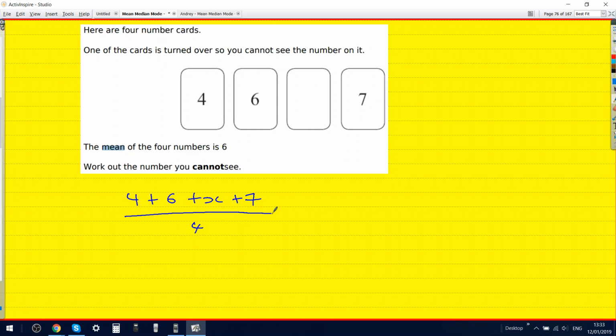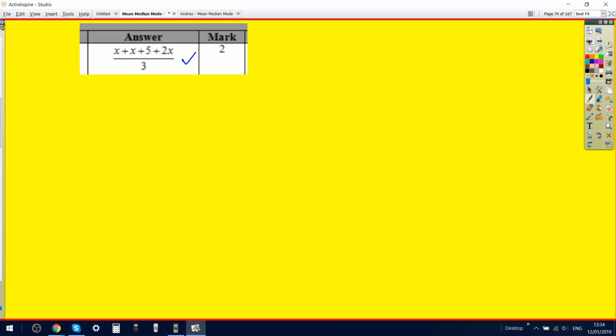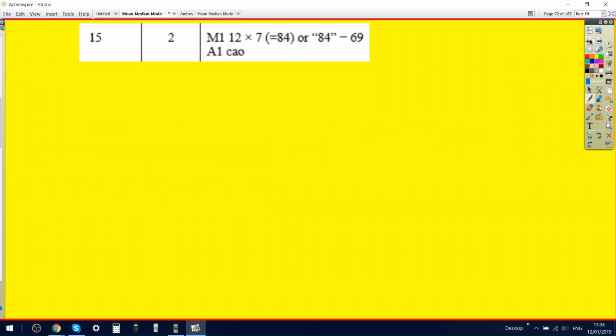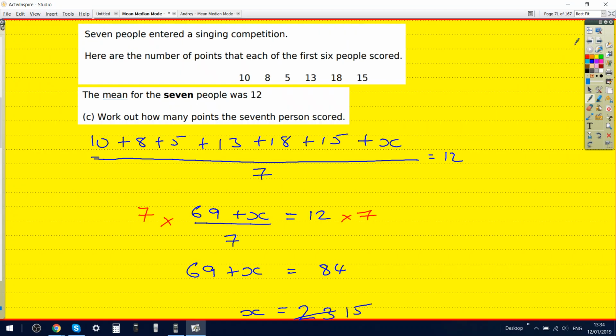And then, so we don't know what X is, so oh no. There's something missing. How did we do the first step for this one?